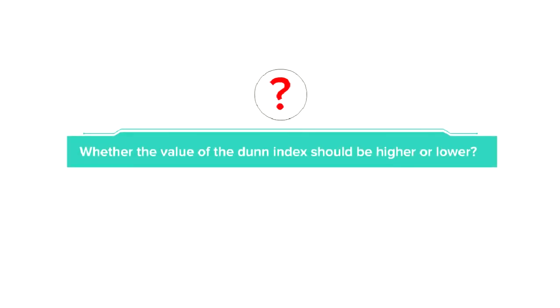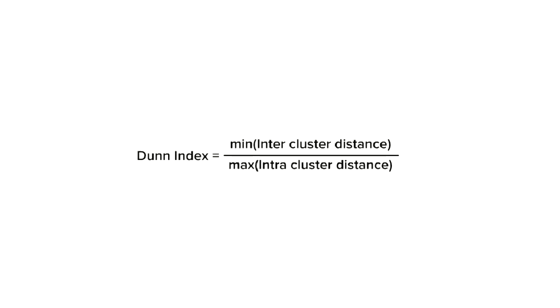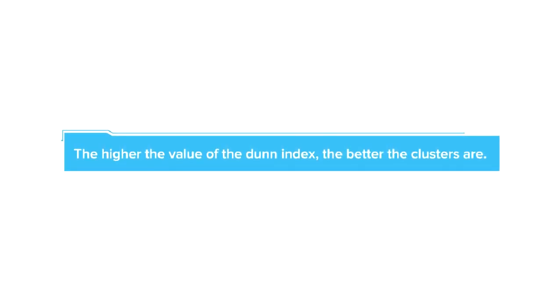Now let me ask you, do we want the value of the Dunn index to be higher or lower? We want the worst case of inter-cluster distance to be as high as possible and the numerator should be as high as possible. On the other hand, we want the worst case scenario of the intra-cluster distance to be as less as possible, that is, the denominator should be as low as possible. Hence, the higher the value of Dunn index, the better the clusters are.